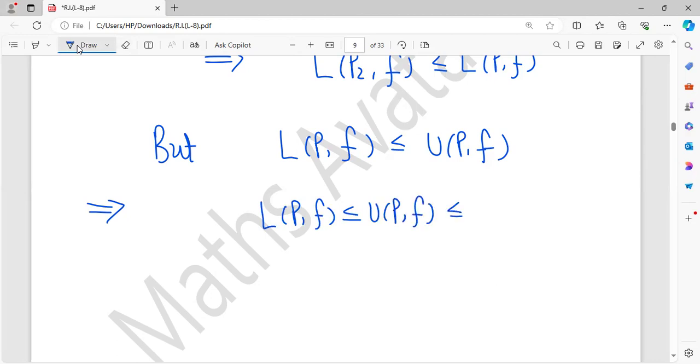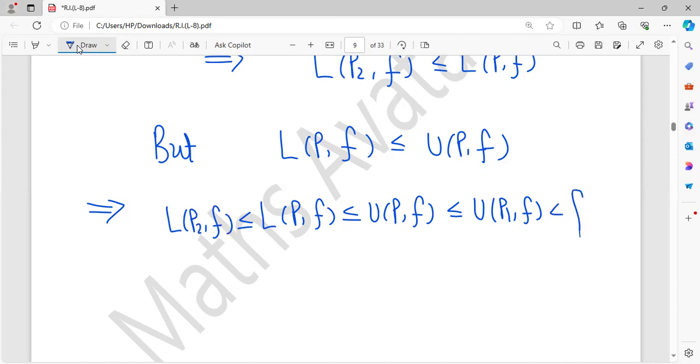But this is less than U(P1, f). And this is less than L(P2, f).